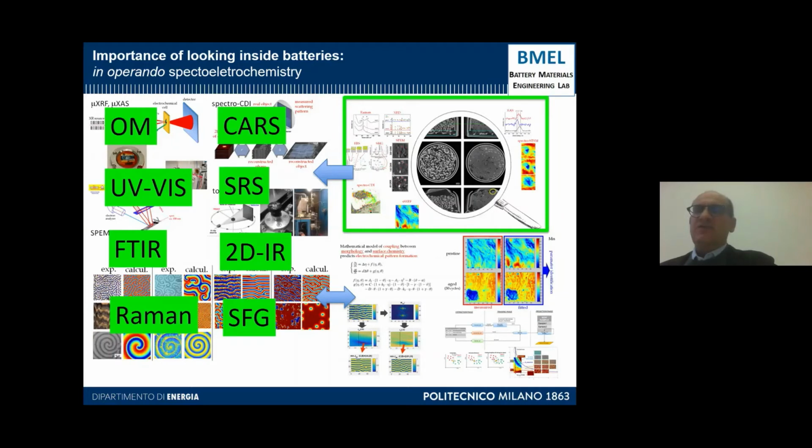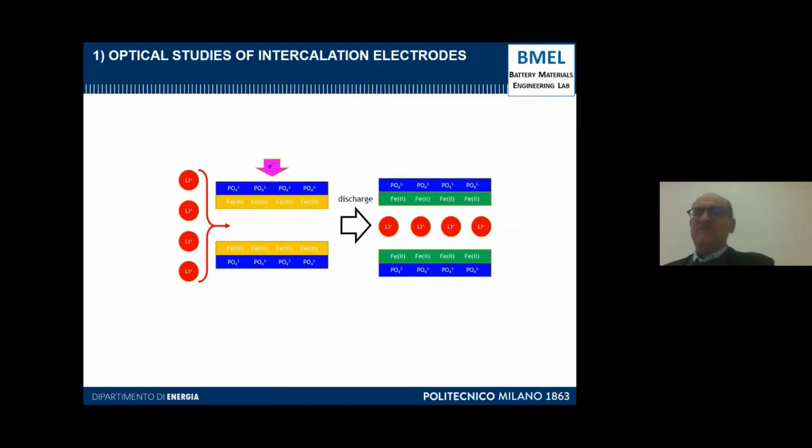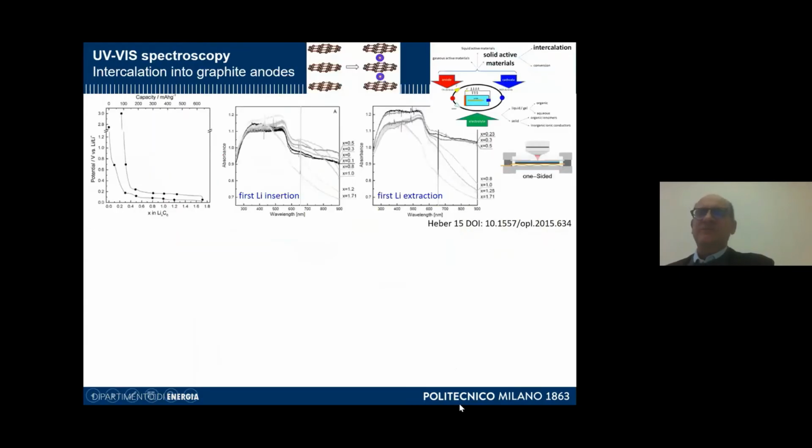Now, in the rest of the talk, I shall briefly give some examples of the way optical spectroscopies can be used for the purpose of following the behavior of battery electrodes and electrolytes. So starting from intercalation electrodes, in situ visible UV spectroscopy in reflection was found to be responsive to lithium insertion and extraction into and from carbon-based electrodes.